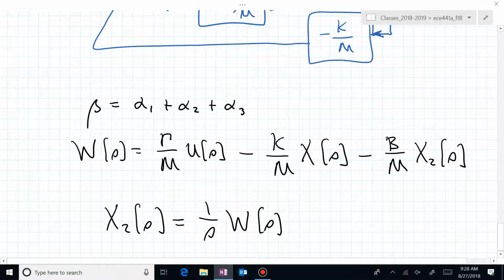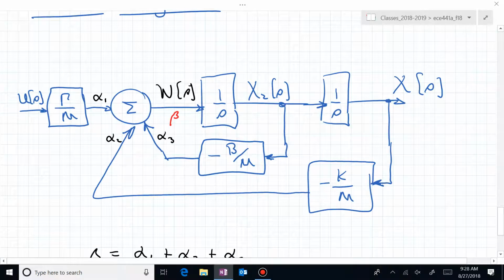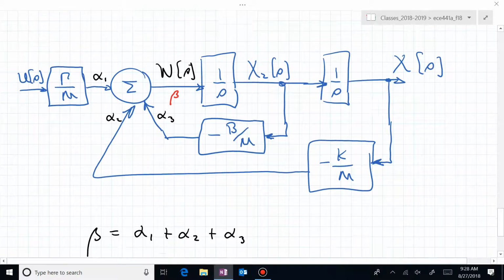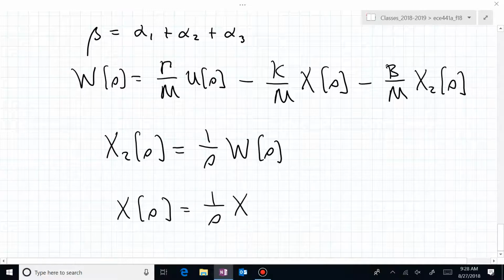But hold on, we know how to find X sub 2 in terms of X from the block diagram. Right? They're just related by this operator 1 over S. We now know that X is 1 over S X sub 2.